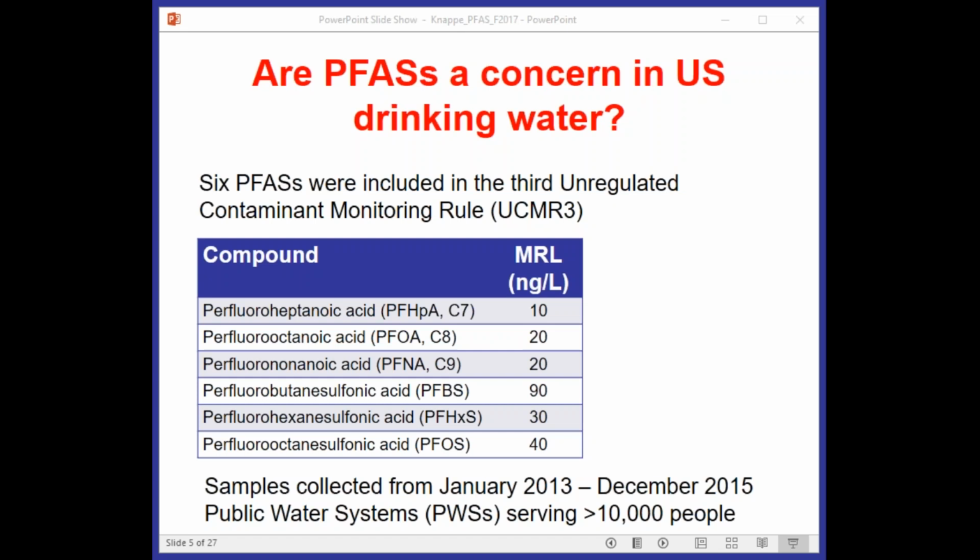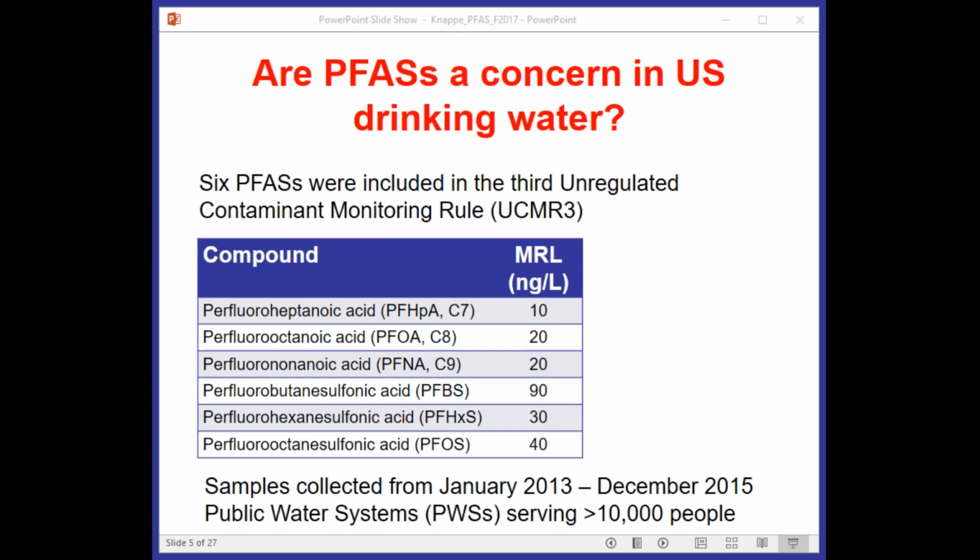And I'm showing in this table also the method reporting limits that were used for the UCMR3. This was through EPA method 537. And these reporting limits are somewhat higher than what the method can actually do. And so one of the challenges with this data set is that if you look at the reporting limit for C8 and for PFOS, if you add that up, that's 60 nanograms per liter, which is very close to the 70 nanograms per liter guideline.